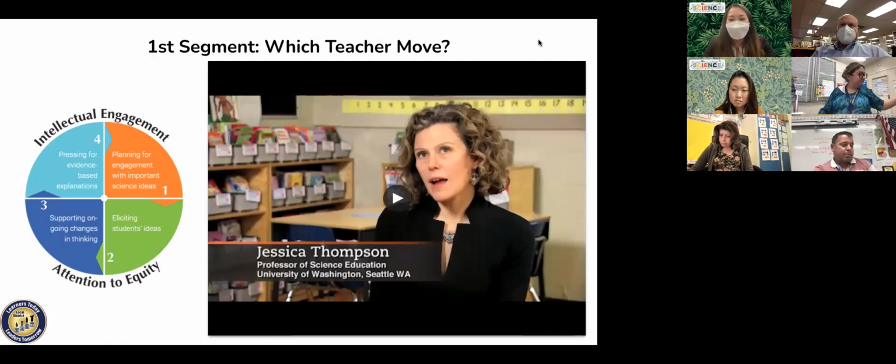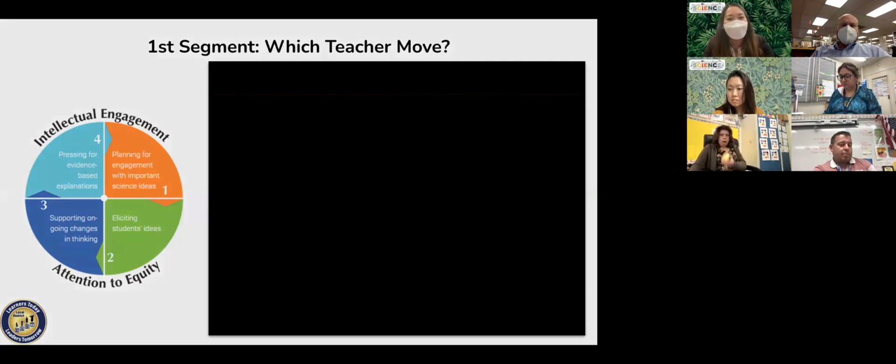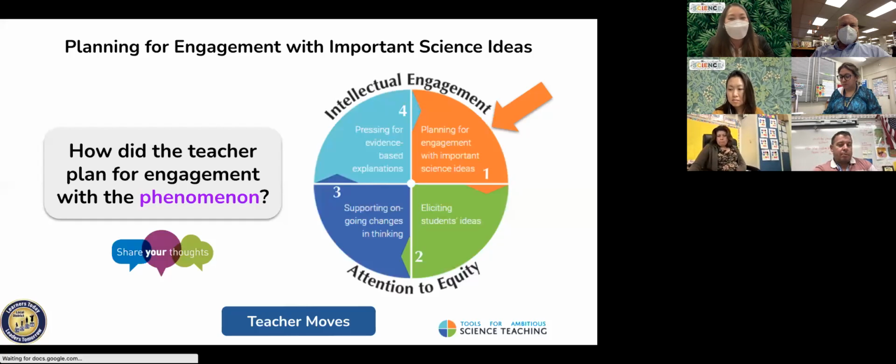So to frame our thinking right now, we're going to be guiding you to the first AST, as we call it, Ambitious Science Teaching Practice, which really shows evidence of teaching practice 1. So if you take a look and think about what Dr. Thomas just said, it's how did the teacher plan for engagement with this phenomenon? The teacher was looking at what was happening at the beginning, the middle, and the end.